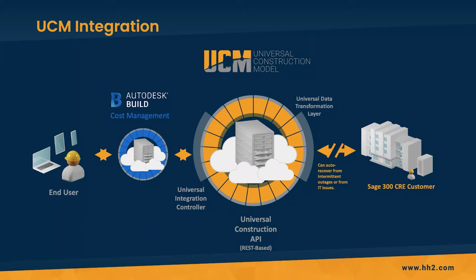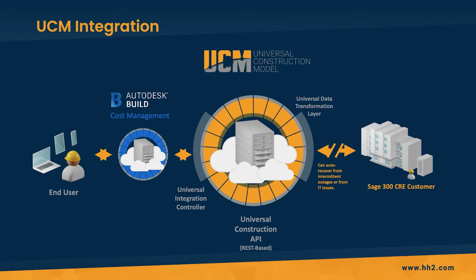Now, on the configuration front, Sage 300 is typically run on-prem, or it can be hosted, but it's still a server-based application where you have people logging into the Sage environment that lives directly on your server or on a hosted server. Now, one of the big reasons we partnered with HH2 is they have a product named UCM, or Universal Construction Model.